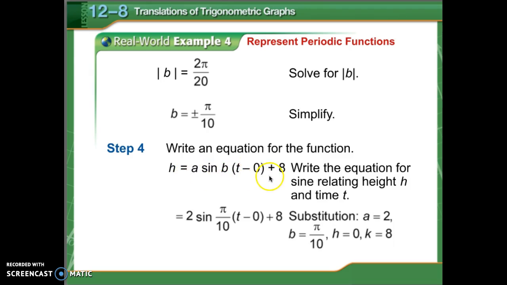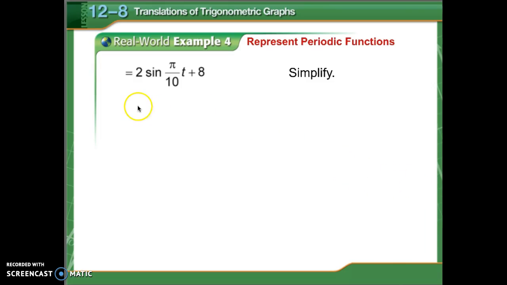Fill in the basic format of an equation: a times sine of b times your variable minus 0, there's no phase shift here, plus 8. We know a is 2, we know b is pi over 10. T minus 0 is just going to simplify to t. And so if we look at our next slide, our function is 2 sine pi over 10 times t plus 8.